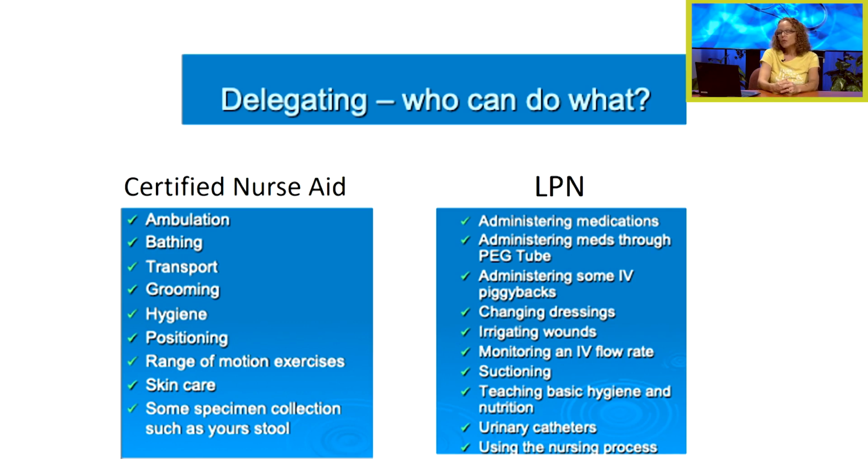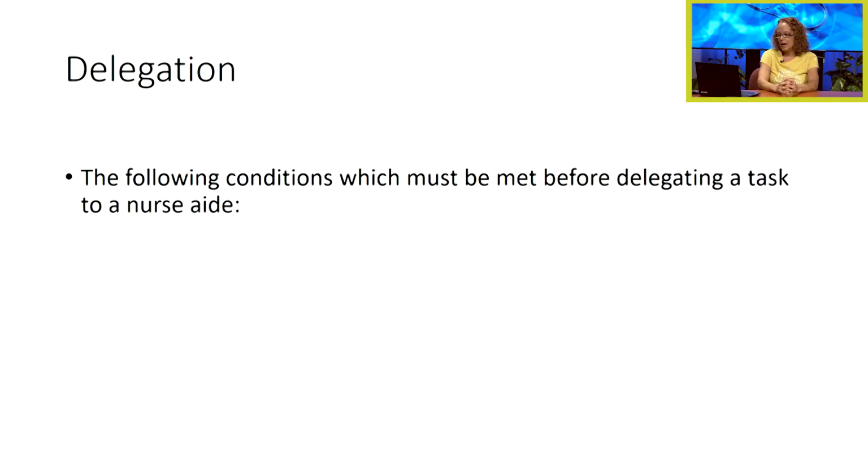Whether or not the patient requires suctioning and the proper way to do that skill. How to access a Foley catheter while maintaining asepsis, right? So these are all more skills that the LPN needs to use nursing knowledge for to make decisions, okay?